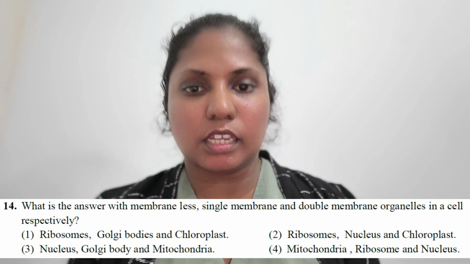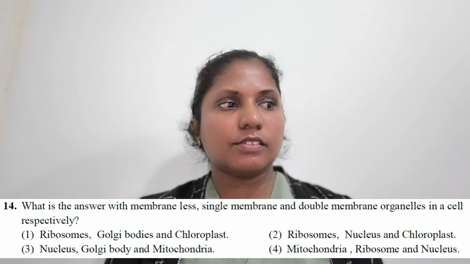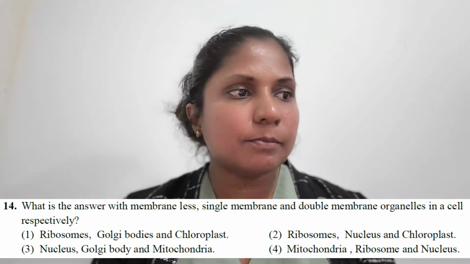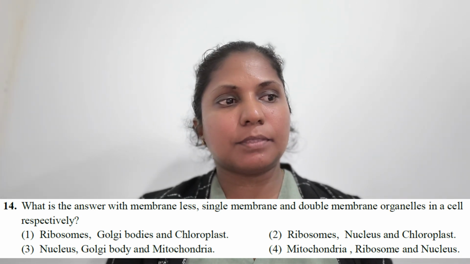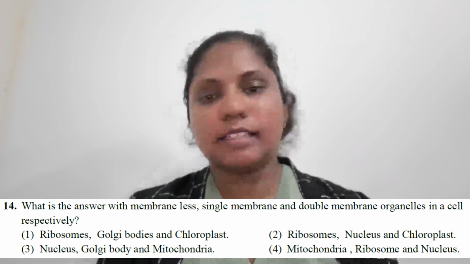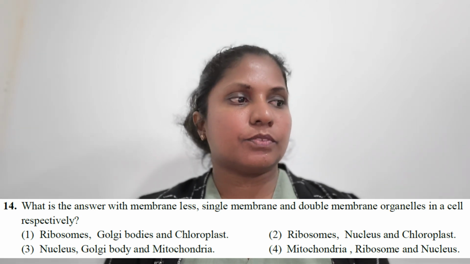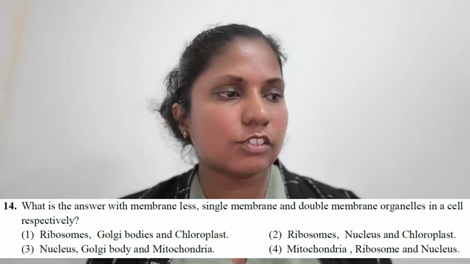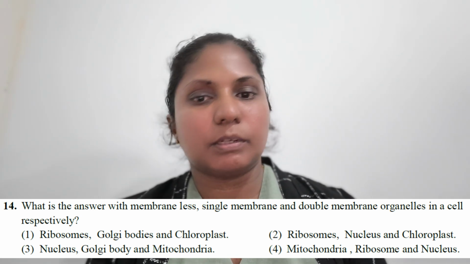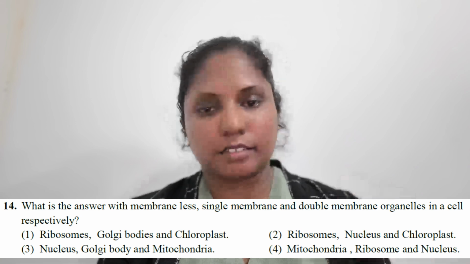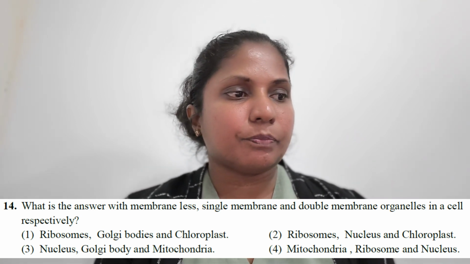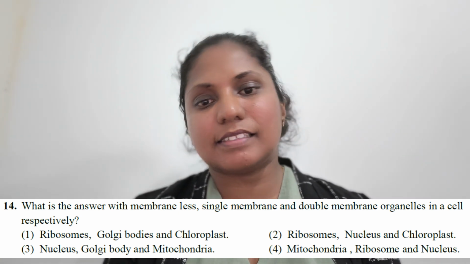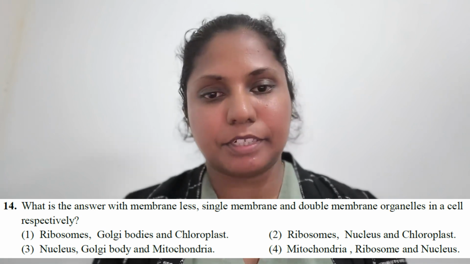Question number 14. What is the answer with membraneless, single membrane and double membrane organelles in a cell respectively? Let's analyze each of these organelles one by one so that we can understand which of them are membraneless, single membrane or double membrane.